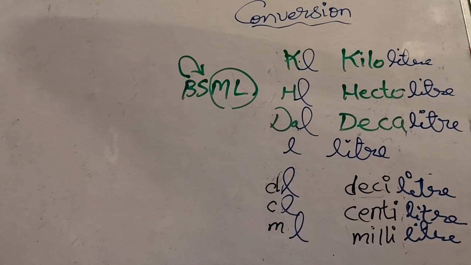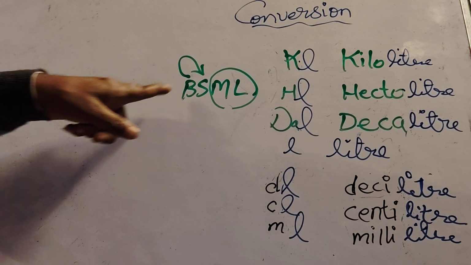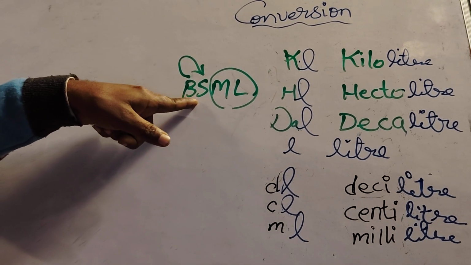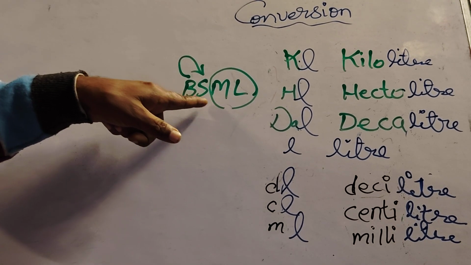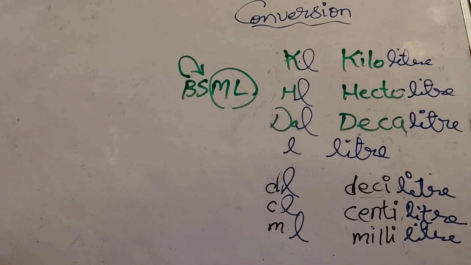So BSML is a SIM in India, but BS is connected to ML. BS stands for biggest to small, yes, bigger to smaller.